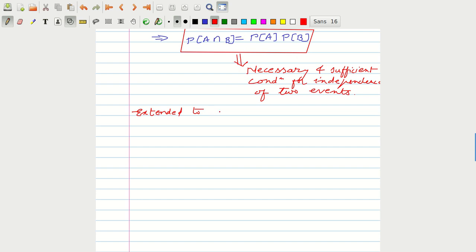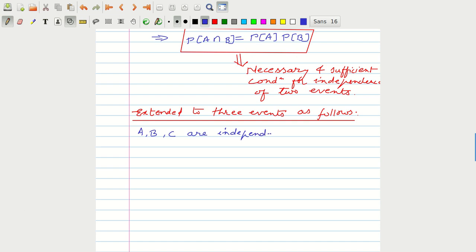to more number of events, say 3 events, as follows. The events A, B and C are independent if and only if following 4 conditions are satisfied.